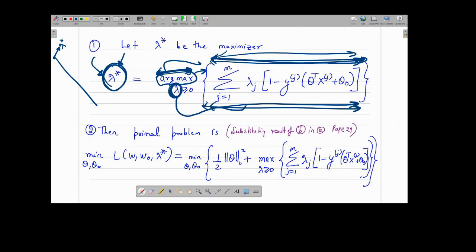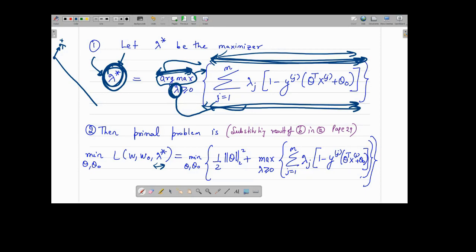Once you find this lambda star, you put it into the original Lagrange equation which we already had. So we are breaking up the optimization problem into two steps. In the first step, we solve for lambda, and once the solution for lambda comes, we put it into the Lagrange again to get the solution for theta and theta 0.